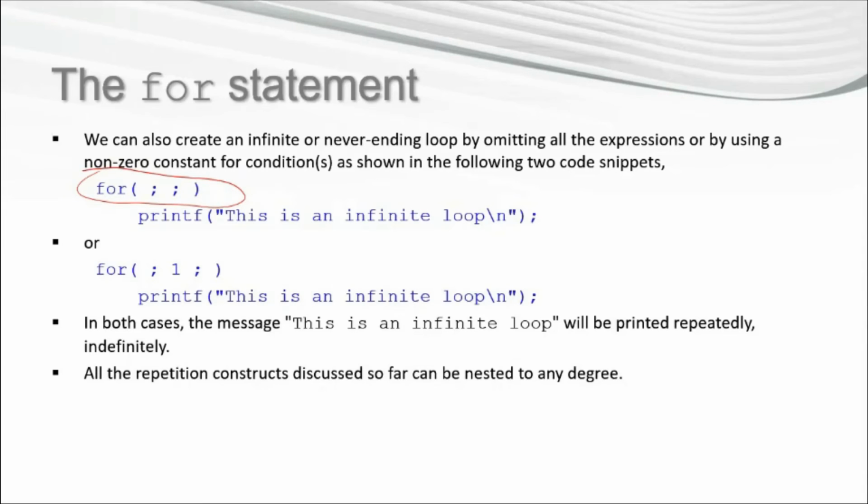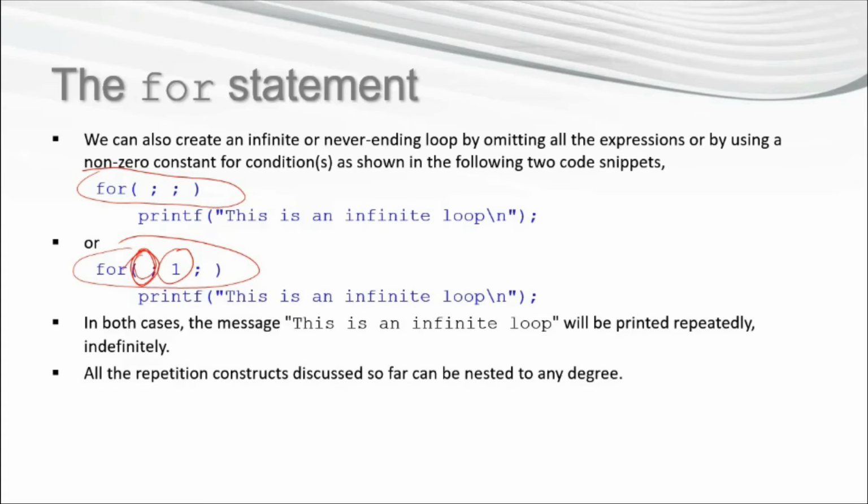Another option is for, then within brackets semicolon, 1, and semicolon. Here, instead of the condition, only 1 is given. Instead of the initialization, blank is given, so no variable is initialized.